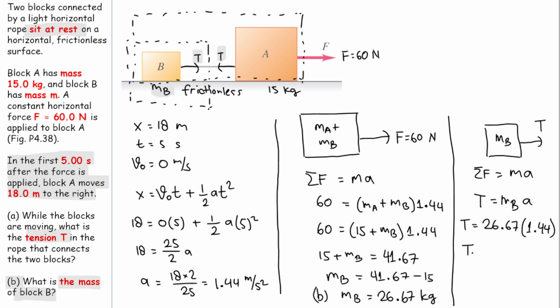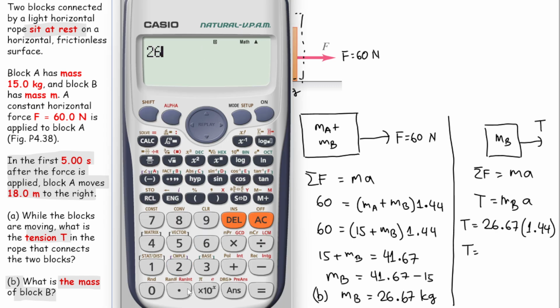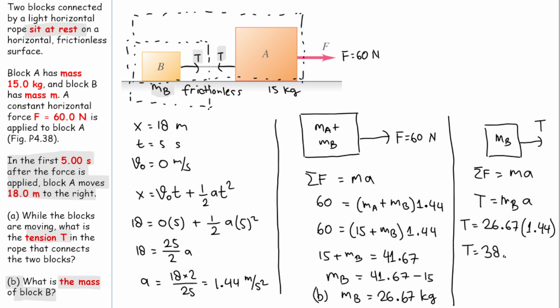Good, and let's plug that into our calculator. 26.67 times 1.44, and I will have 38.40, and the unit here will be Newton. And this is the answer for the tension question. So here we have the tension of the rope is 38.40 Newton.